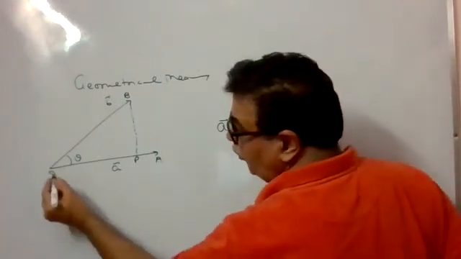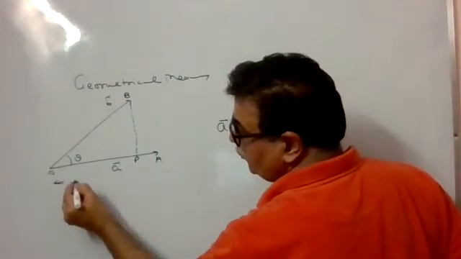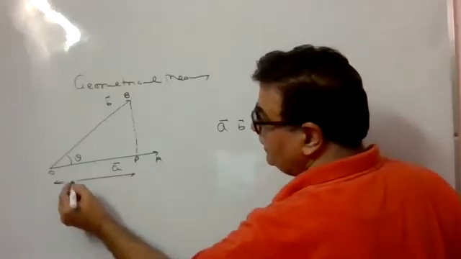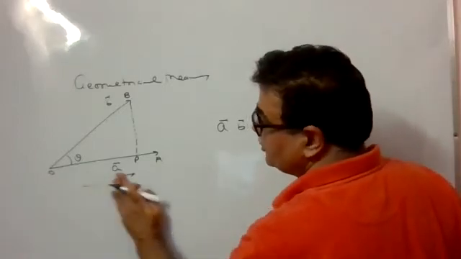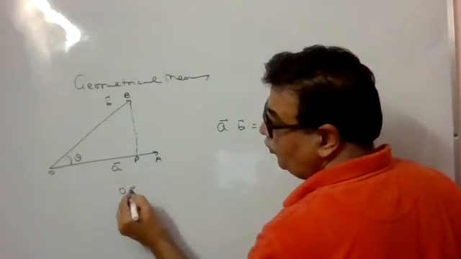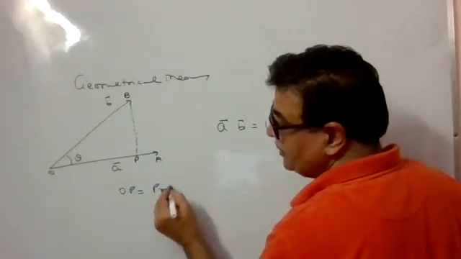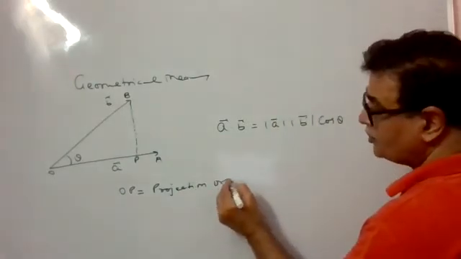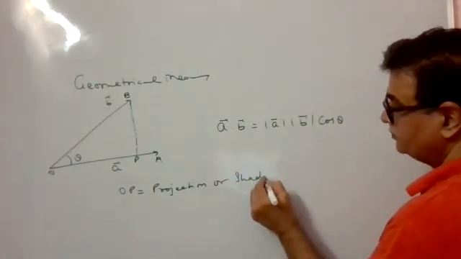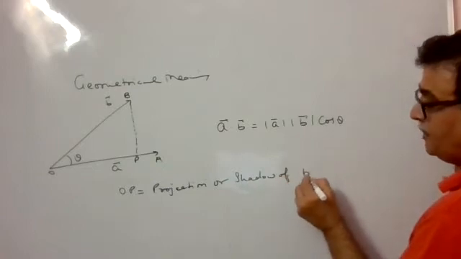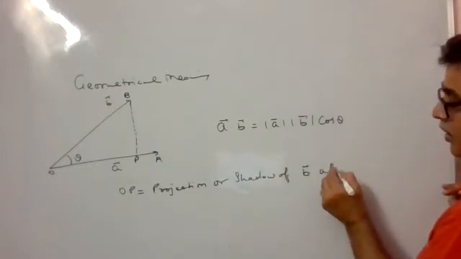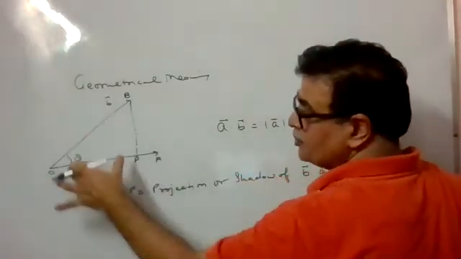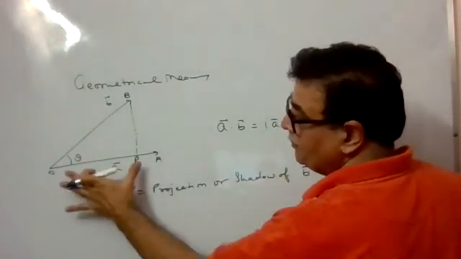Then this OP part is called the projection. This OP we call the projection or shadow of B vector along A. The projection of B along A is the OP vector.